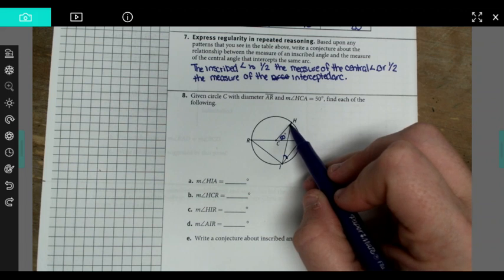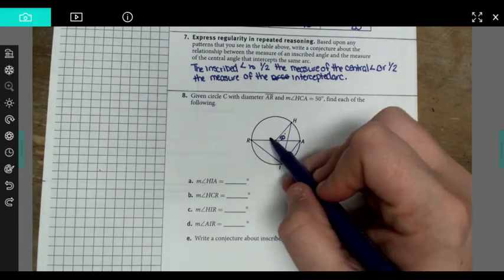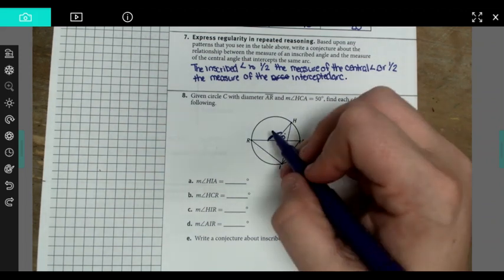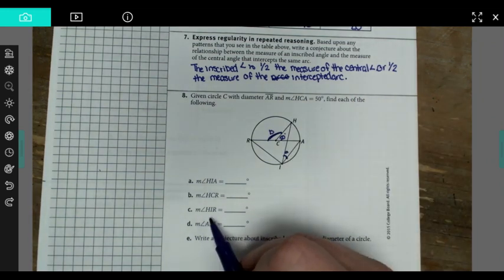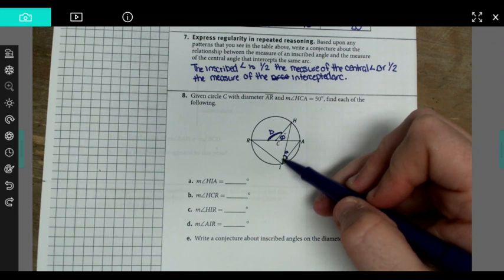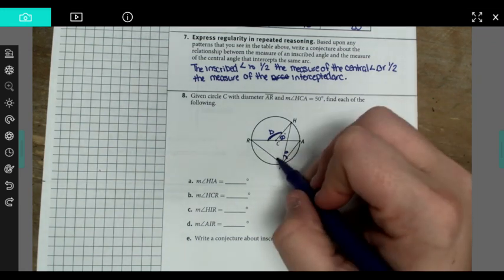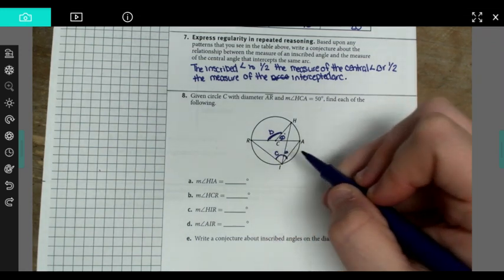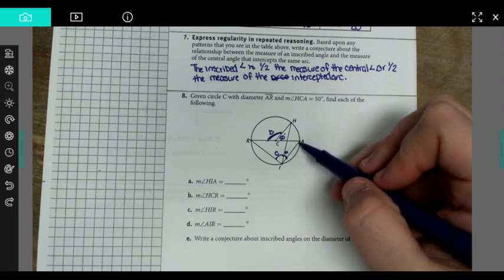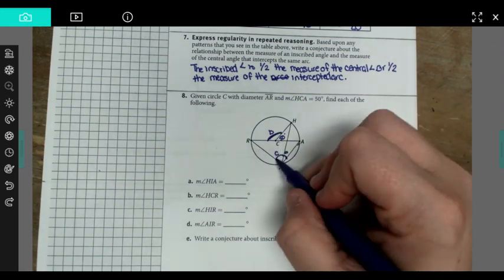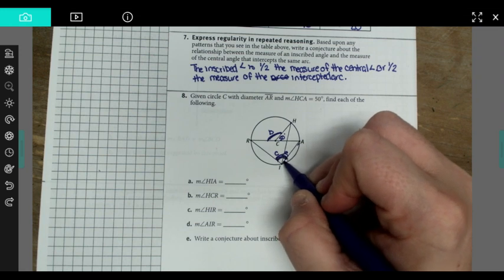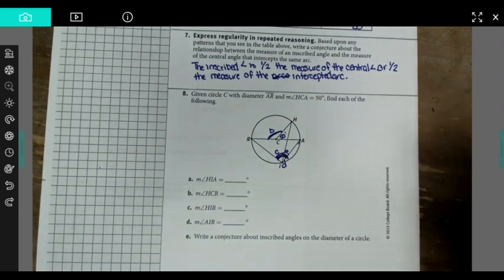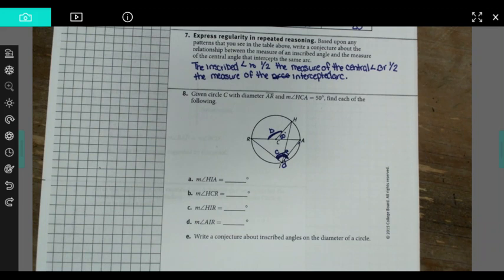HCR. What's the measure of this angle? This is B. This is A. The measure of HIR. This is letter C. And AIR. This is D. All the way across is D. And then write a conjecture about inscribed angles and the diameter.